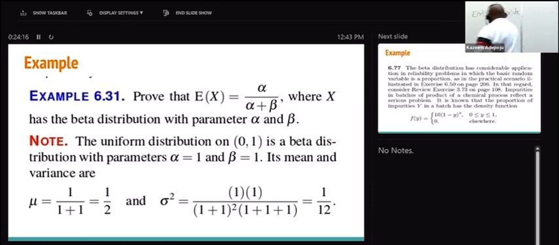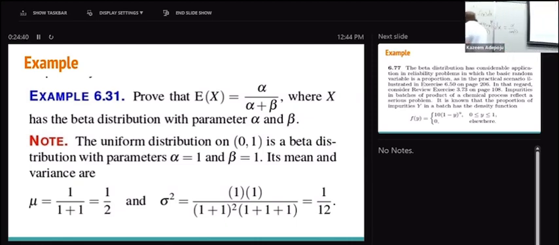So you actually are going to have the integral from 0 to 1 of x times x raised to the power alpha minus 1, (1 minus x) raised to the power beta minus 1, divided by B(alpha, beta) dx. So when you follow what we did the other time, at the end of the day, it is basically going to be this guy.